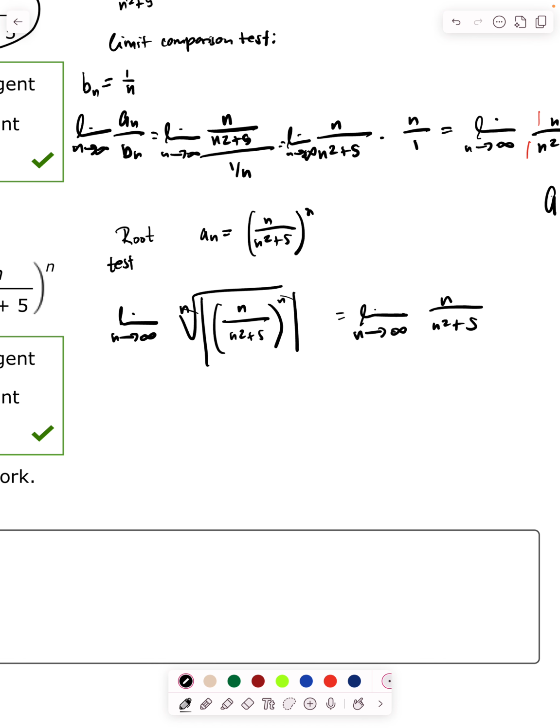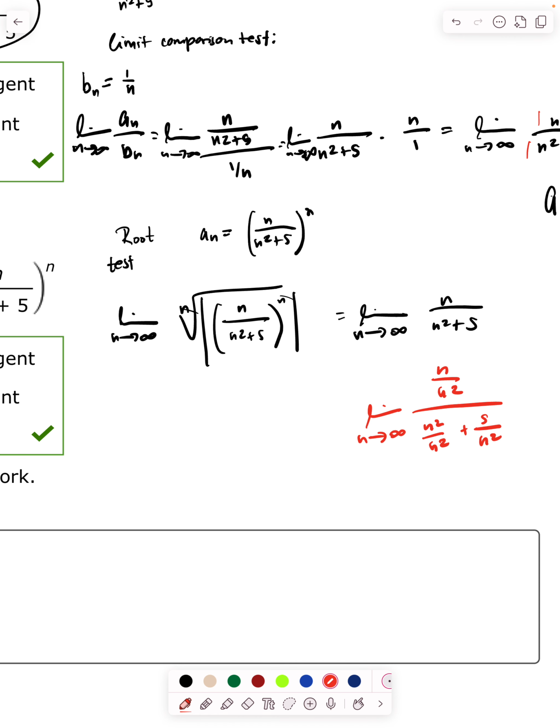When I take this limit, you can probably just guess that it'll go to 0, but to be more precise, what we're actually doing is looking at the highest degree in the denominator and dividing all pieces by it. I notice that n squared is my highest degree, so I'm going to divide the top by n squared, the bottom by n squared, and also the 5 by n squared.